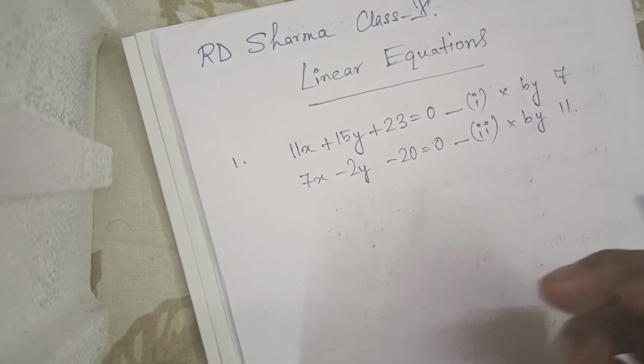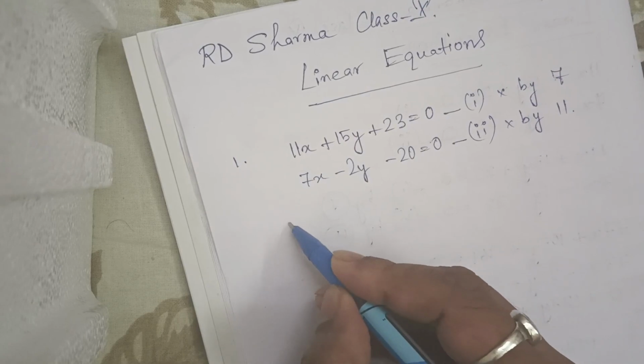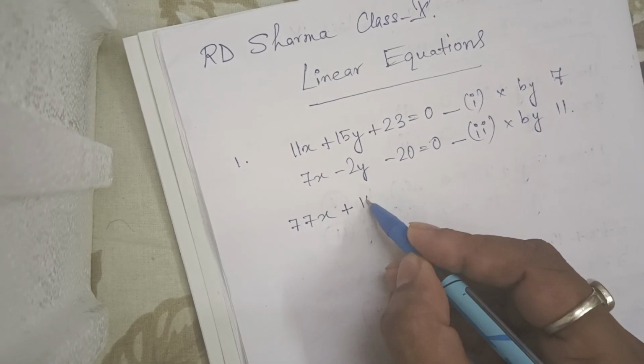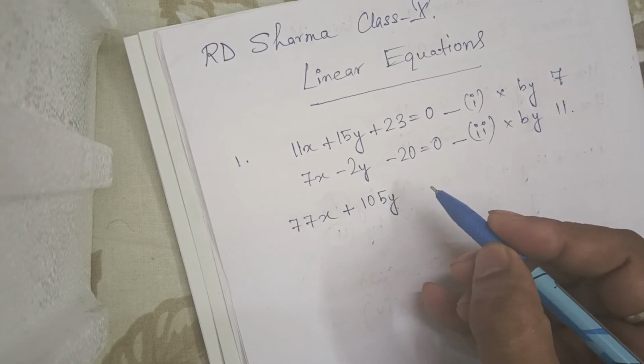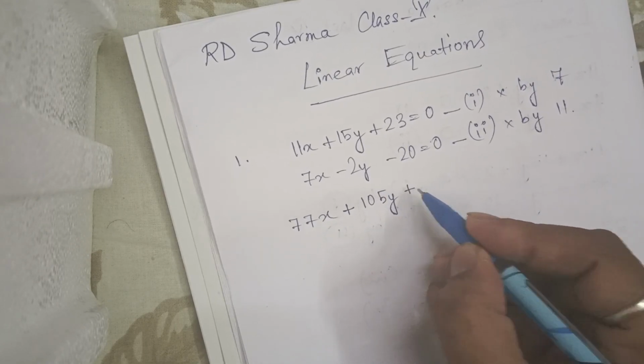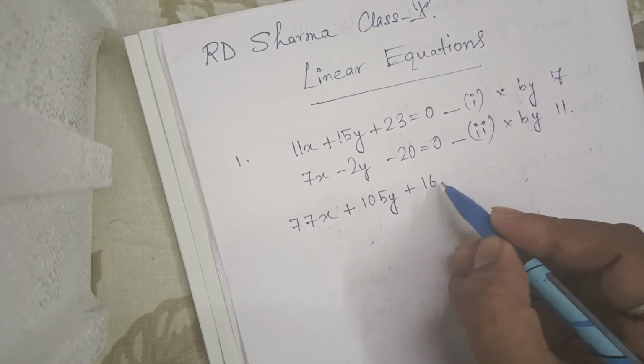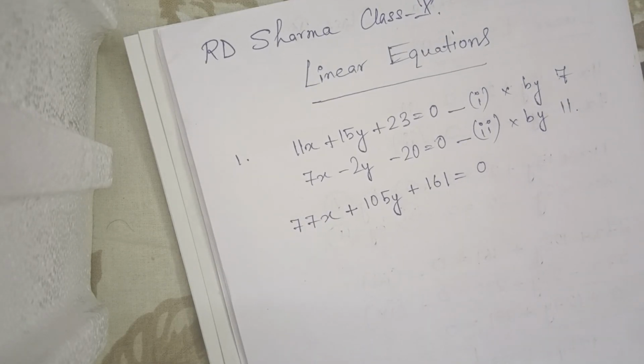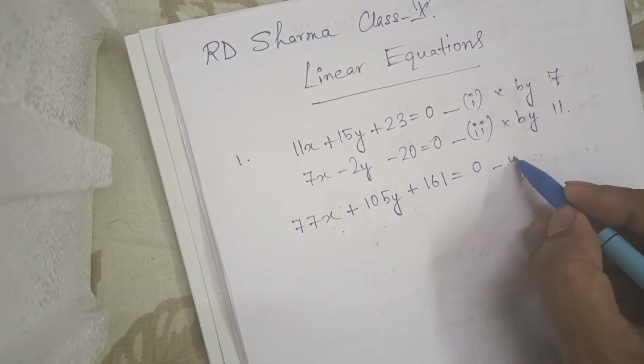So now, as a result, we'll get 77x plus 105y plus 161 equals to 0. 0 into 7 becomes 0. And we'll name this equation as 3.